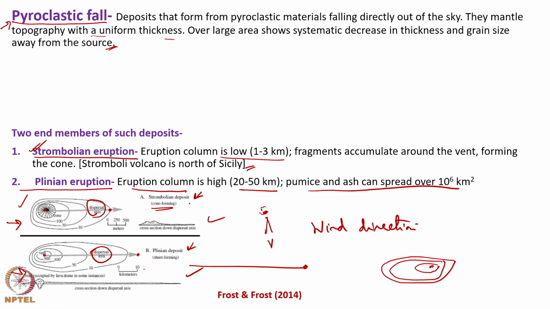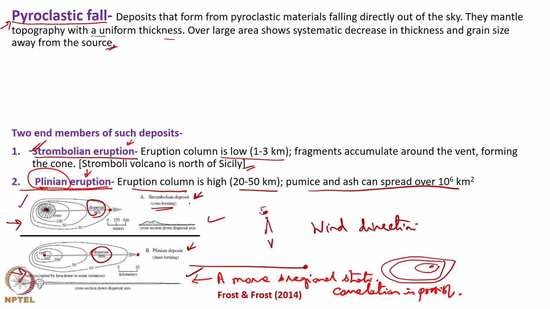If we compare which of the two is spread more laterally, the answer is the Plinian eruption. A more regional stratigraphic correlation is possible with the Plinian eruption in comparison to the strombolian eruption.